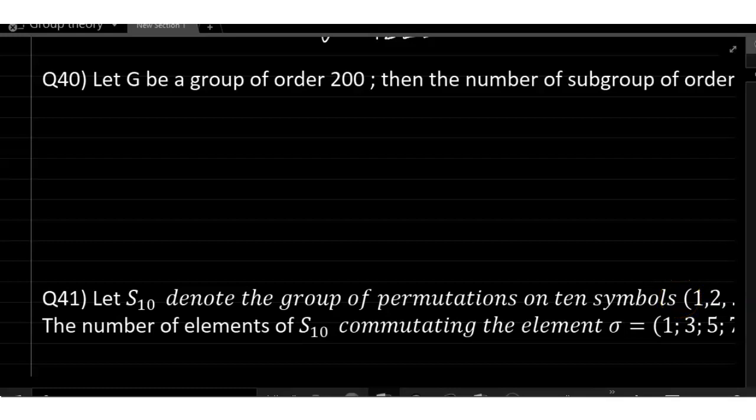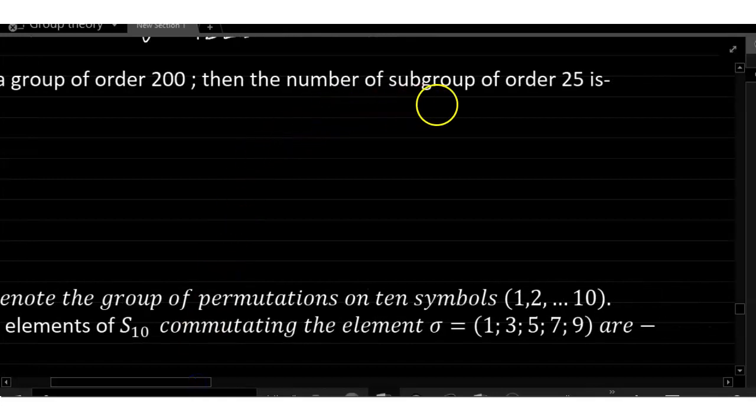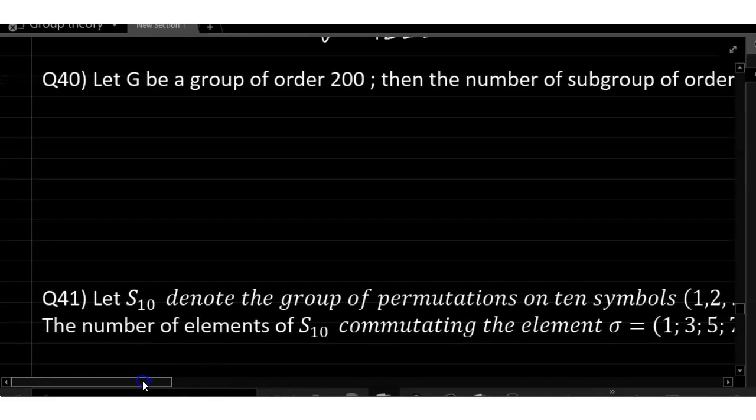Let G be a group of order 200, then the number of subgroups of order 25 is: solution.